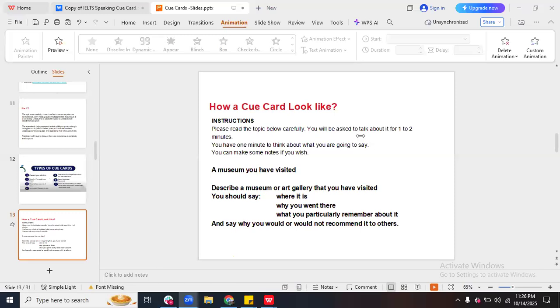Kindly write your notes in chat. Describe a museum or art gallery. How would you answer that?